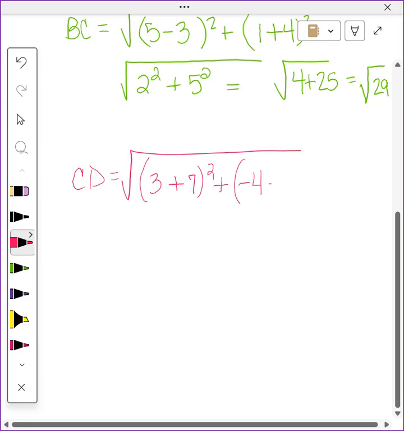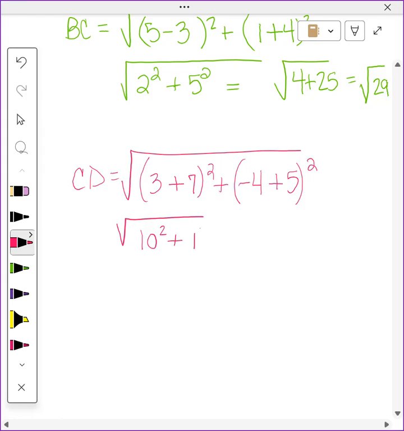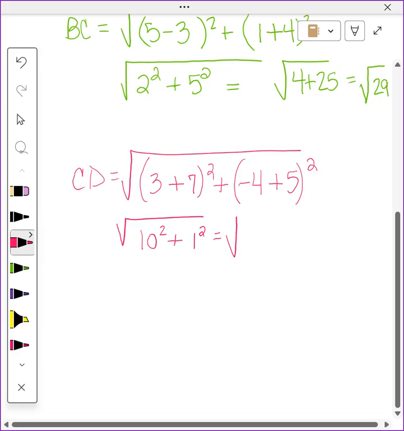Negative 4 minus a negative 5, the quantity squared. What is 3 plus 7? That's 10, so that gives me 10 squared. What is a negative 4 plus 5? 1, that gives me 1 squared. What is 10 squared? Plus 1 is the square root of 101.